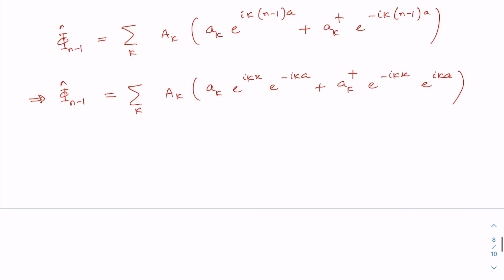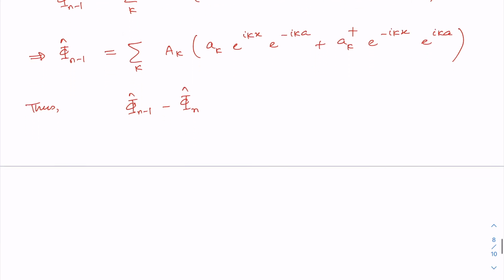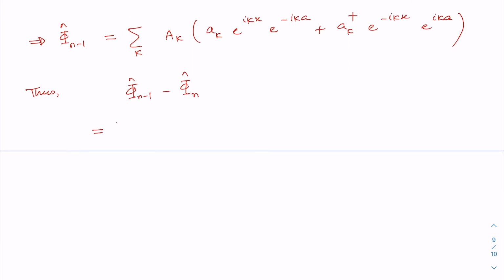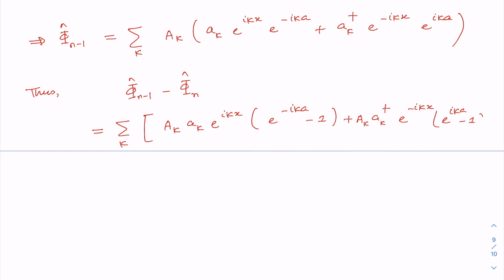Okay, very simple. So therefore we have phi n minus 1 minus phi n, that we can now work out. That would be equal to sum over k, you have here ak e to the power I kx e to the power minus I ka minus 1, and we have ak dagger e to the power minus I kx e to the power I ka minus 1.